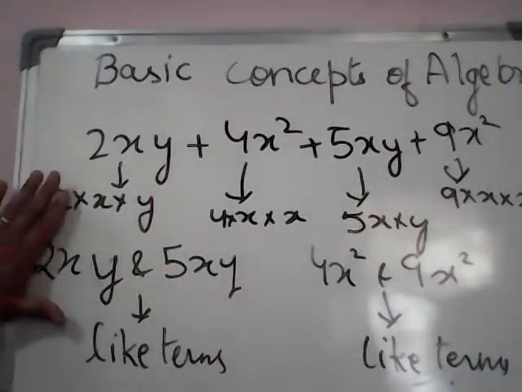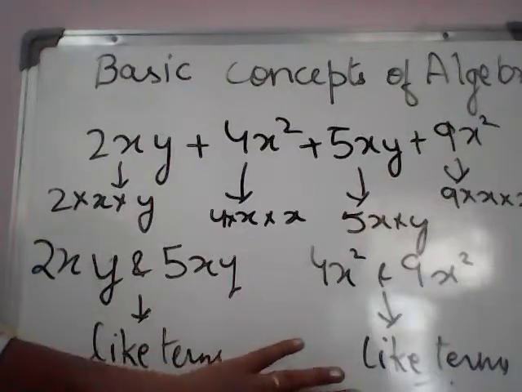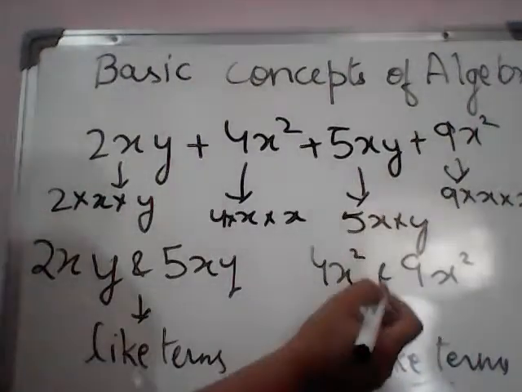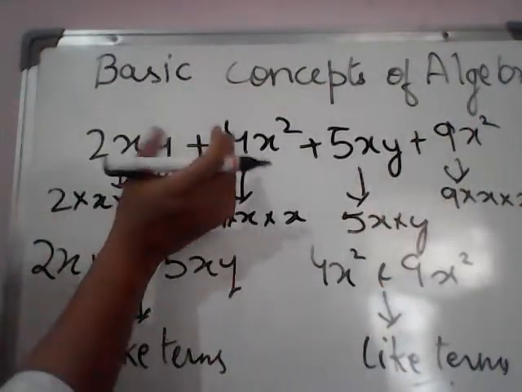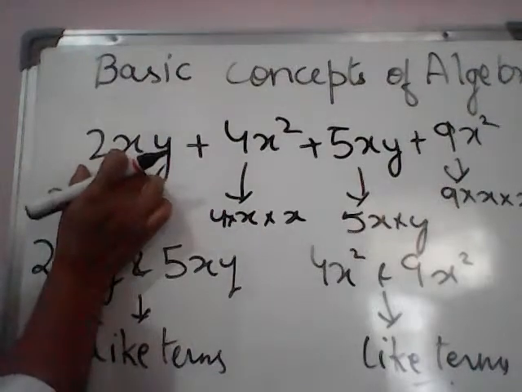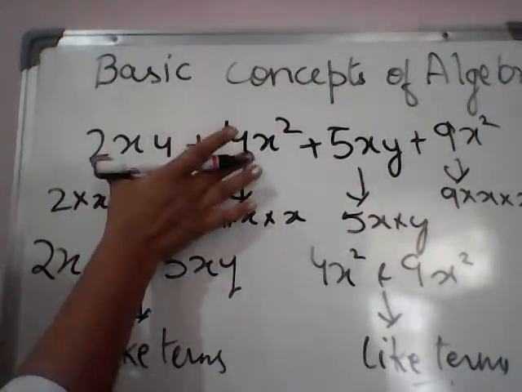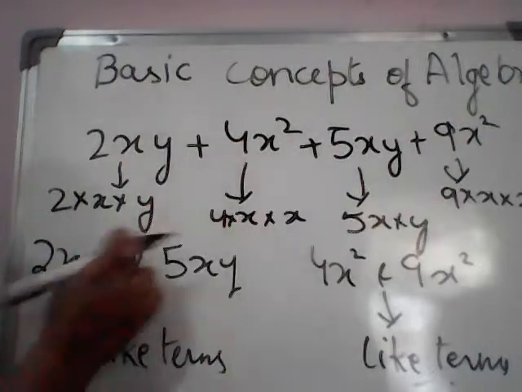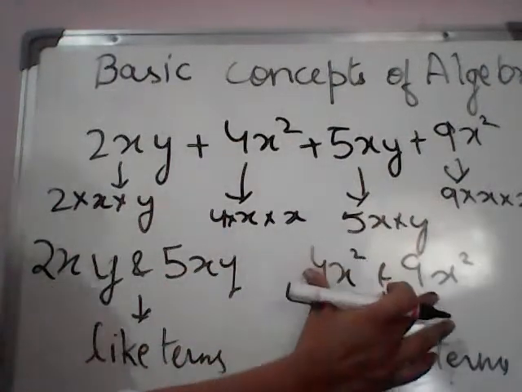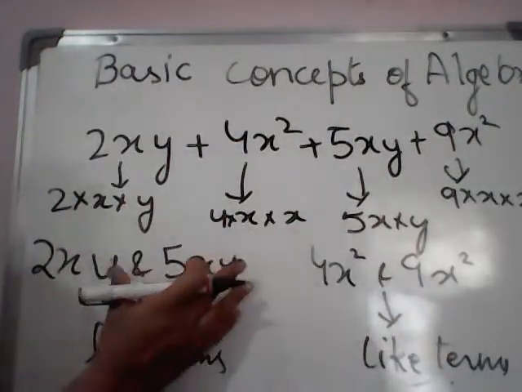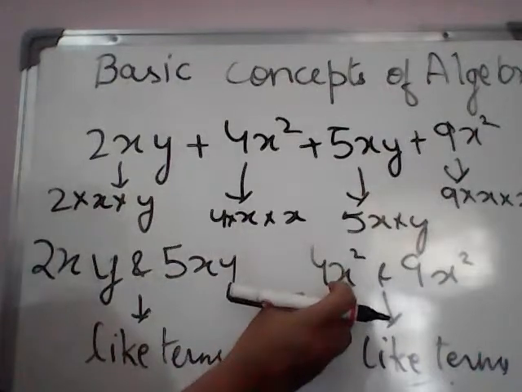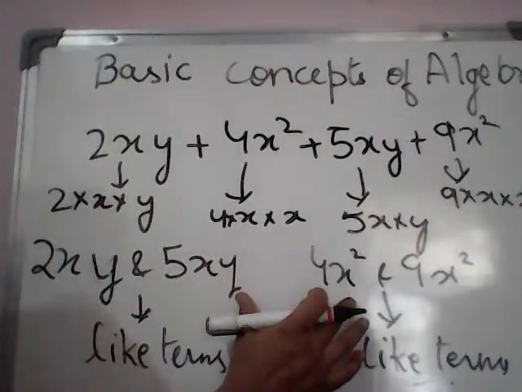So this is it with like terms and unlike terms. These are like terms. And if we talk about 2xy and 4x square, they are unlike terms. These two are like terms, these two are like terms. And when we talk about 5xy with 4x square, they are unlike terms.